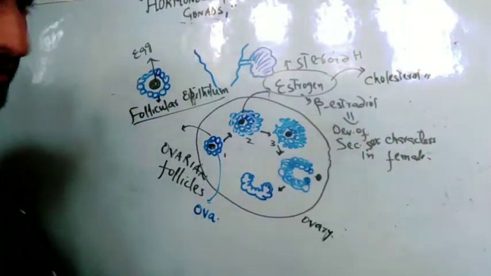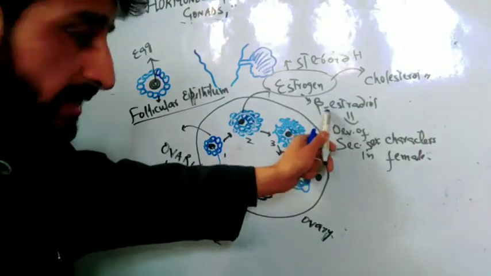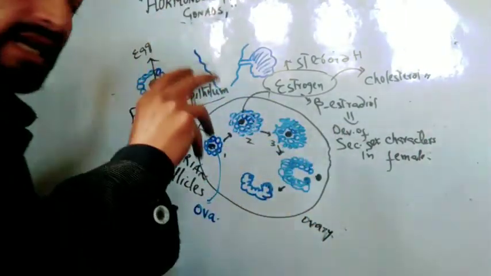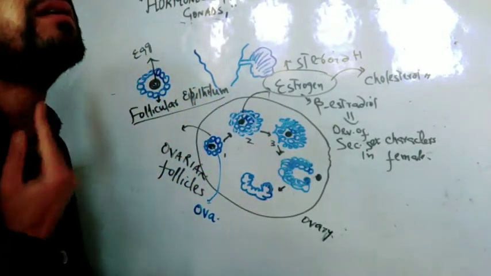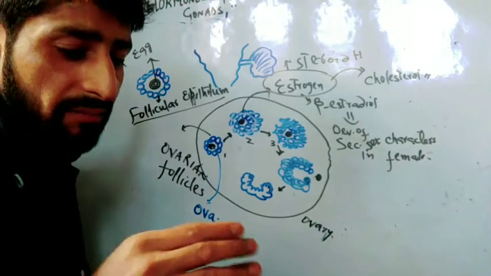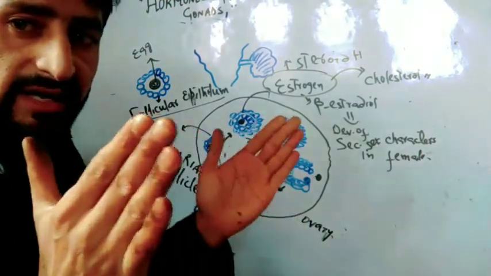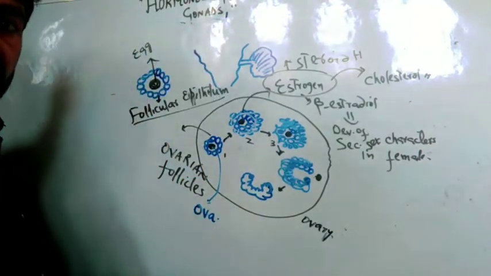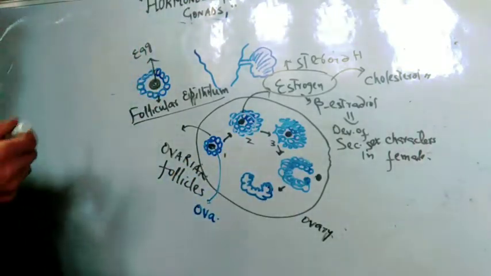Cholesterol derived hormone. It is this estradiol that is responsible for development of secondary sexual characters in females. For example, shrill voice, accumulation of fat under the skin, narrowing of waist, development of mammary glands in females.